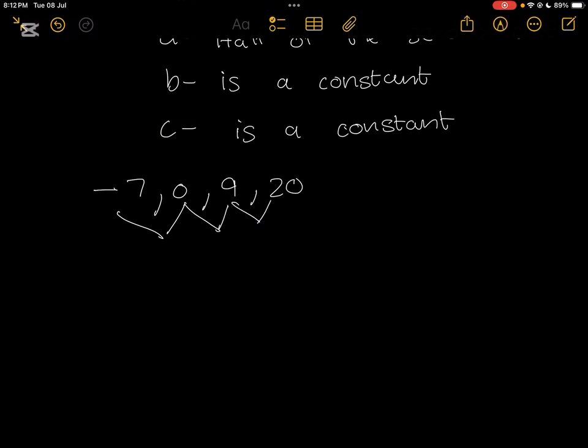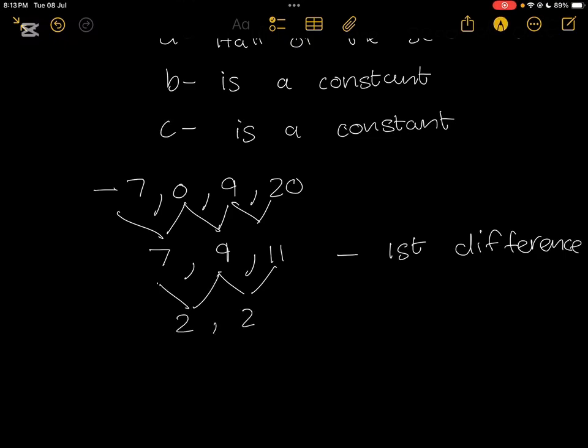Between 0 minus -7 will give me positive 7, 9 minus 0 will give me 9, and 20 minus 9 will give me 11. As we can see, our first difference forms a pattern. And now we go to our second difference. 11 minus 9 gives me 2, and 9 minus 7 gives me 2.